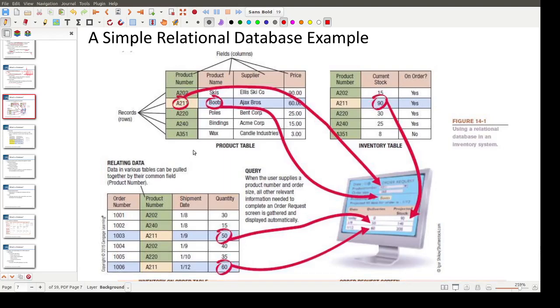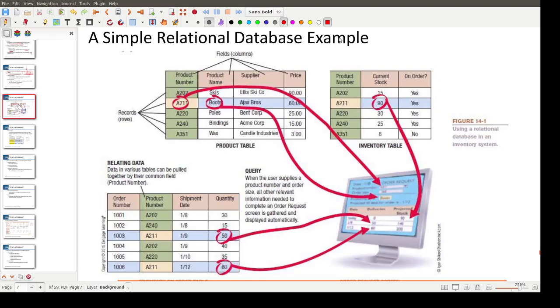And interestingly, in the inventory table you can find the same product number, another column here called product number. So these two tables are related, and that's why they call it a relational database. How can you relate this table to that table? By this joint column.